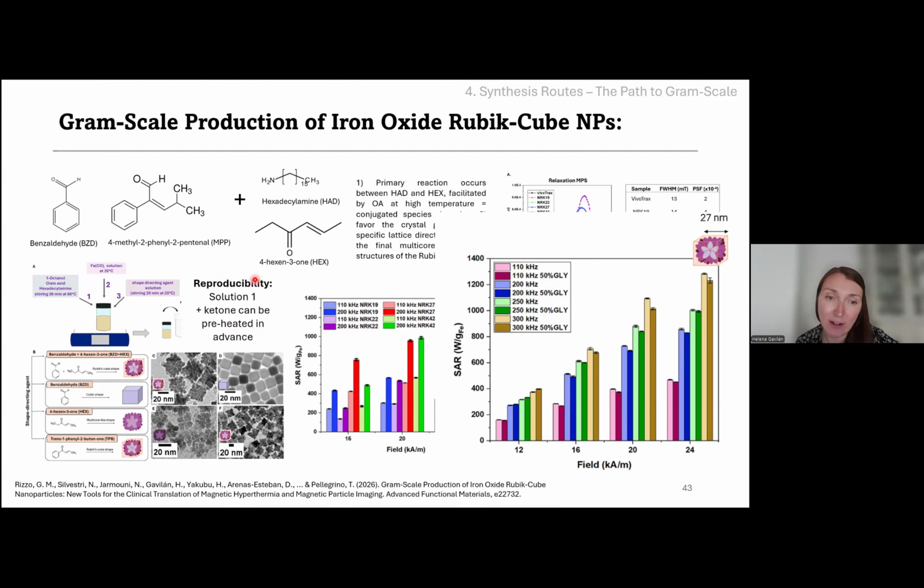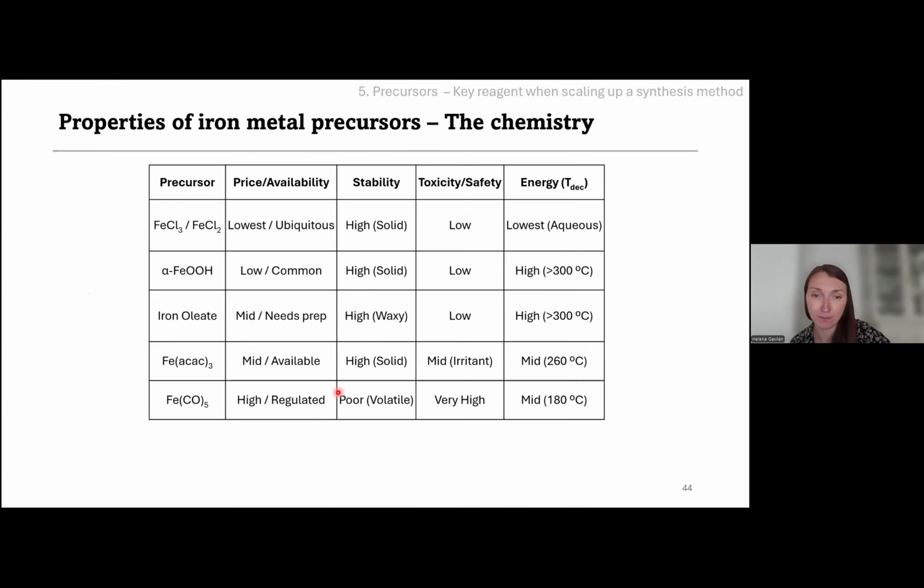And I think this is a very important point in order to scale up methods and in order to obtain monodisperse nanoparticles, because the aging of stock solutions can sometimes be better in order to obtain a more robust method.